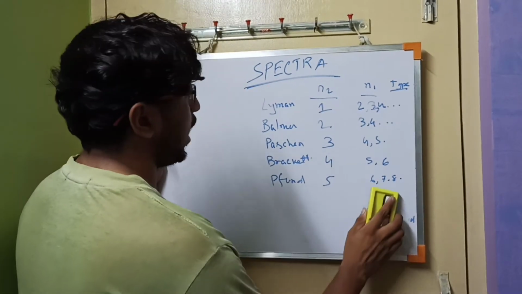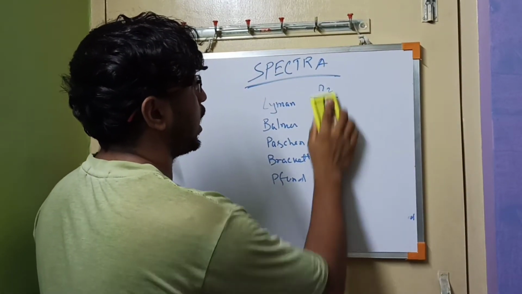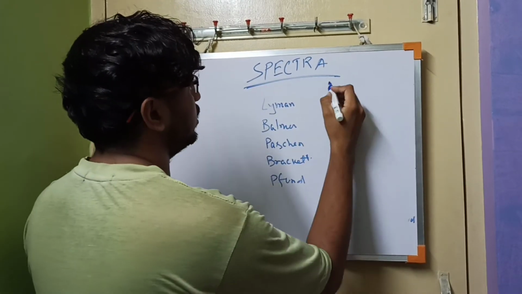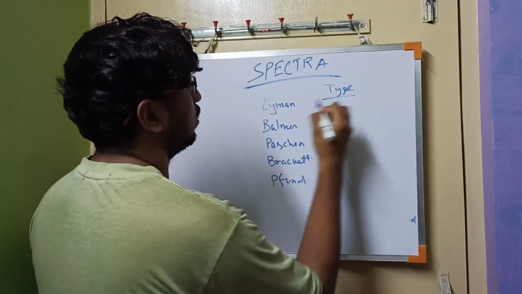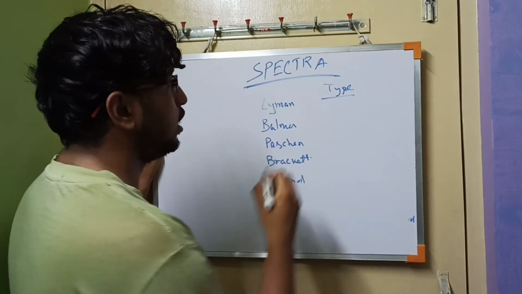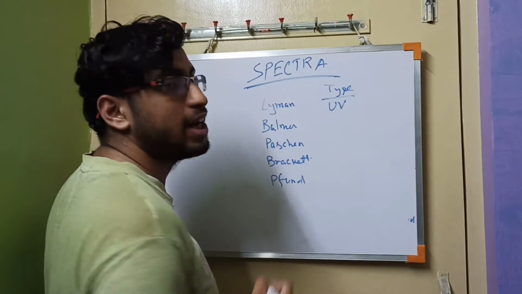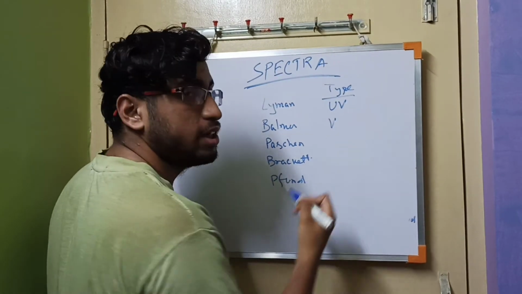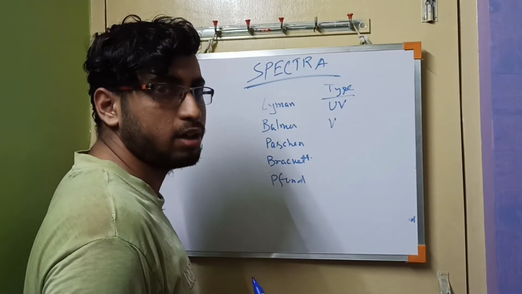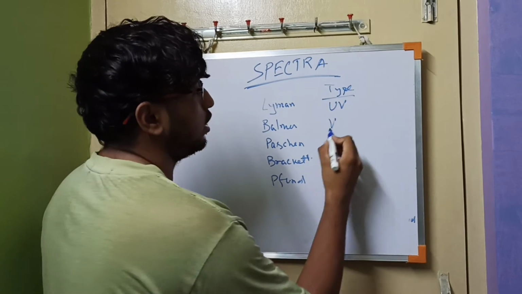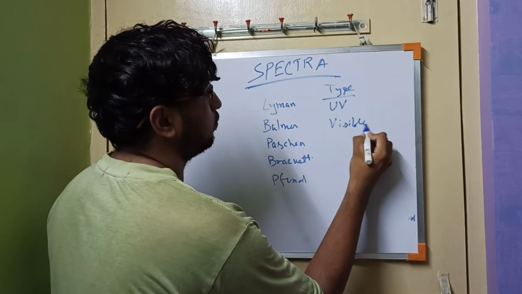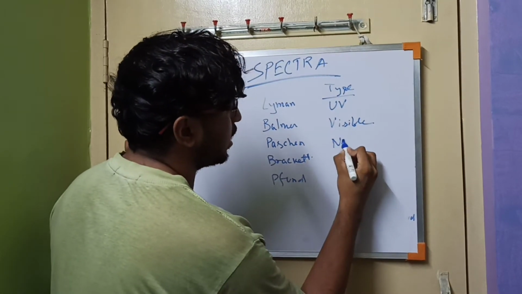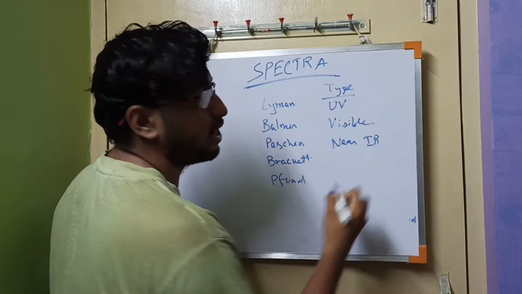So we can give a particular name for each of these. Lyman is basically UV ray, which stands for ultraviolet ray. Balmer was first discovered by the scientist Balmer, named after him, and it is the visible ray. And what about Paschen? It is the near IR or near infrared.